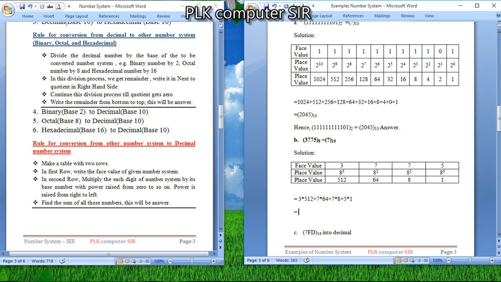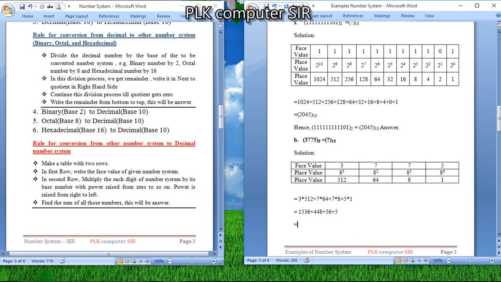Using the calculator, 3 into 512 will be 1536, plus 7 into 64 is 448, plus 8 7s are 56, plus 5 1s are 5.